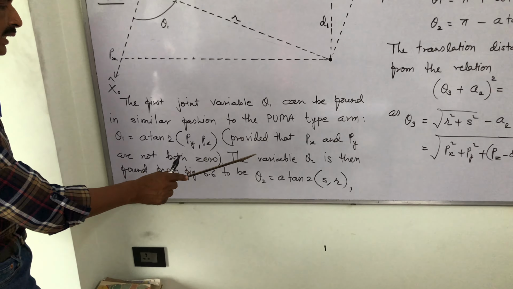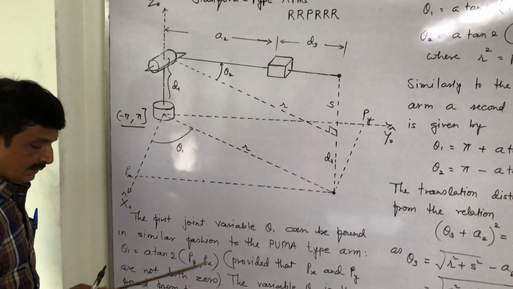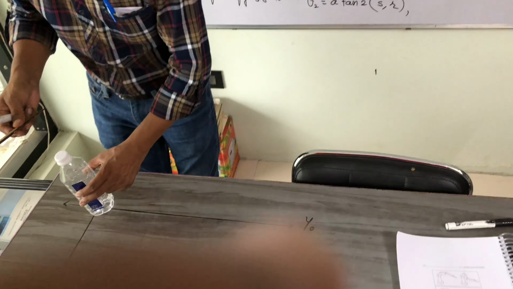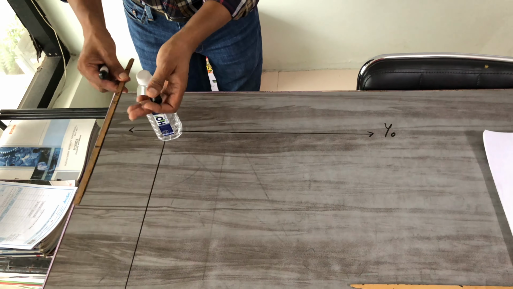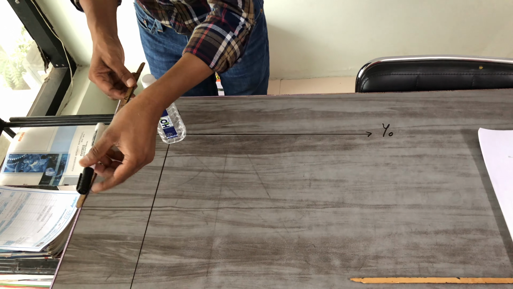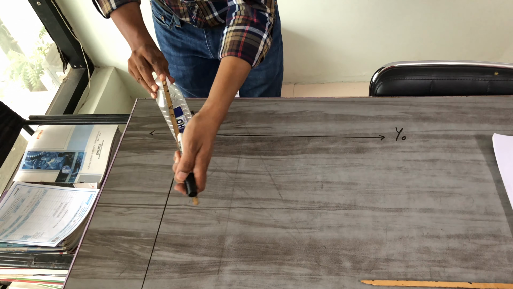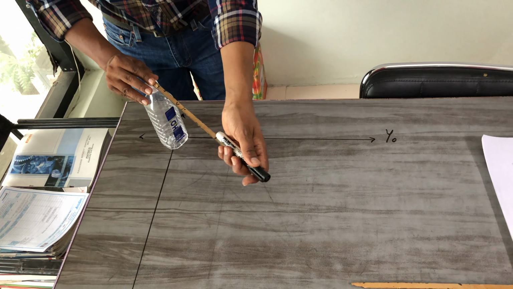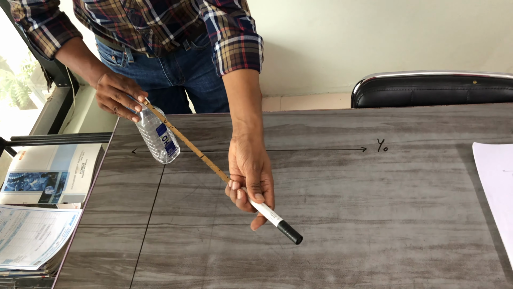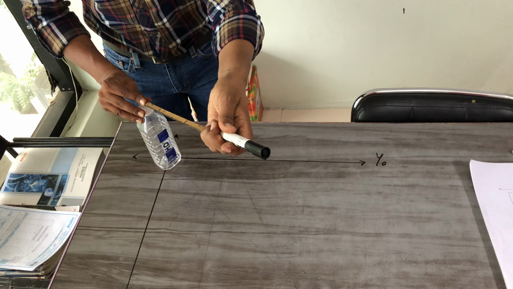The variable θ2 is then found from figure 6.6. Initially, suppose we want to achieve this point. So initially we are rotating this way, and then this one prismatic joint, and then θ2.